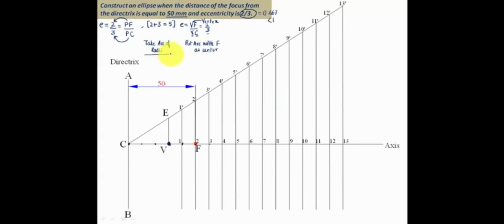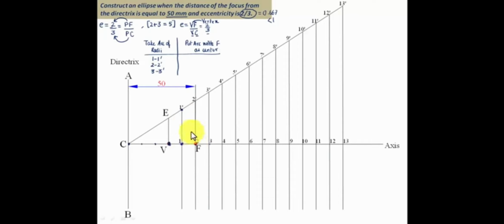The purpose of putting the arc: take the compass, take the length 1 1 dash in the compass, put it at F, and cut the first line, like that. 2 2 dash, 3 3 dash, 4 4 dash, it goes on.